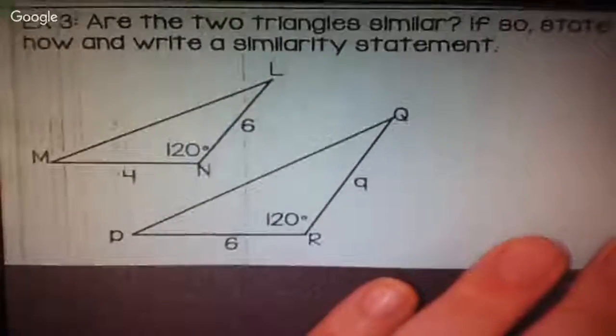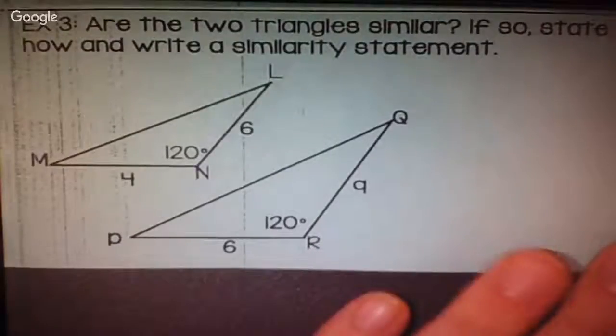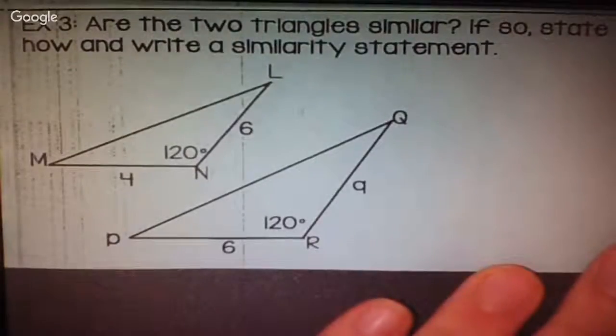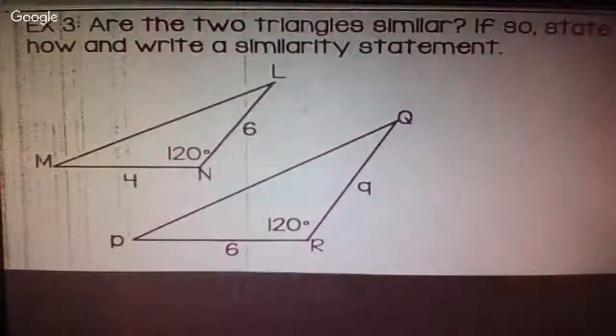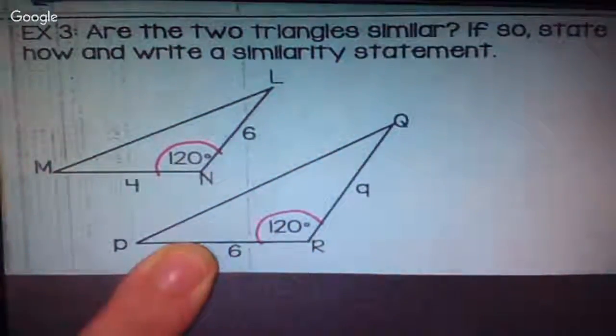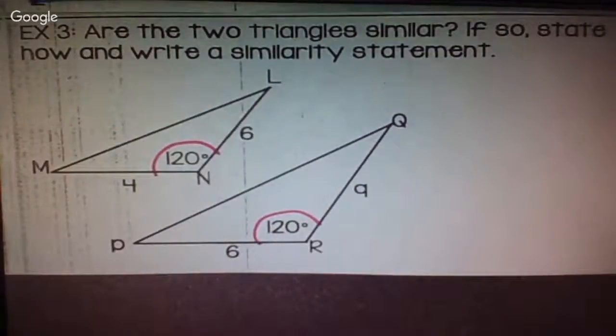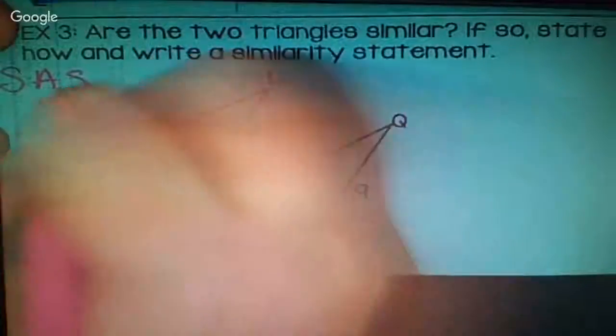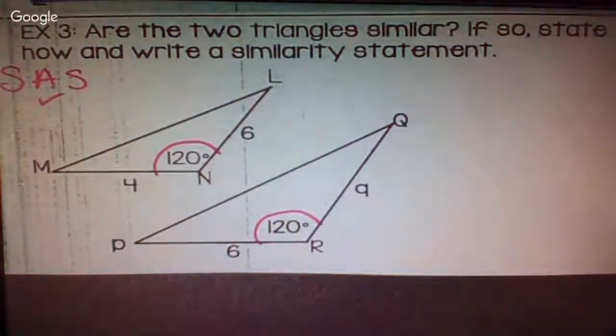Notice that this is side, angle, side, so the angle has to be in between the two sides. Right now they tell us that this angle is congruent to this angle. Check one for that. So we're trying to do side, angle, side. So angles are a check. We're good.